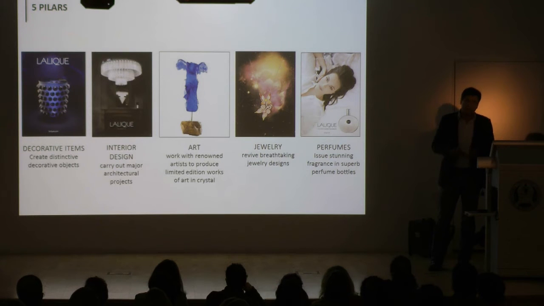This type of creation is less and less attractive to people nowadays. In Europe, people used to give a crystal piece as a wedding gift. Nowadays that's over. Times change, and we have to adapt, but it's still the core business of Lalique: the decorative items, which is mainly the crystal part.